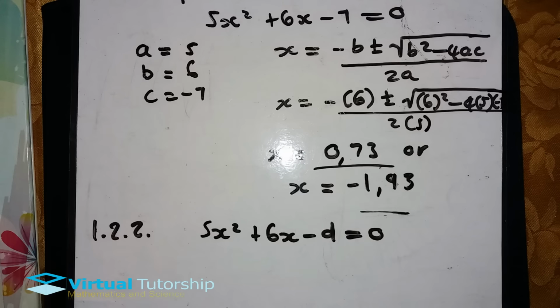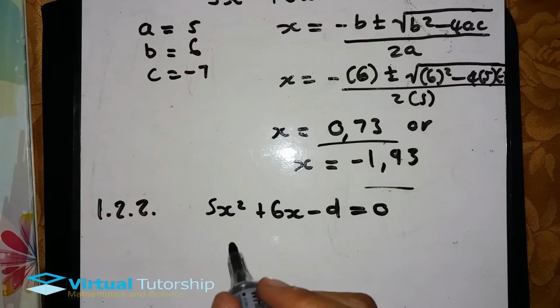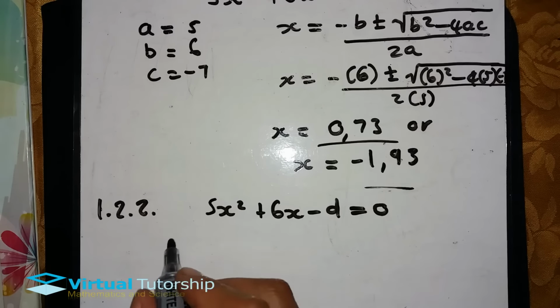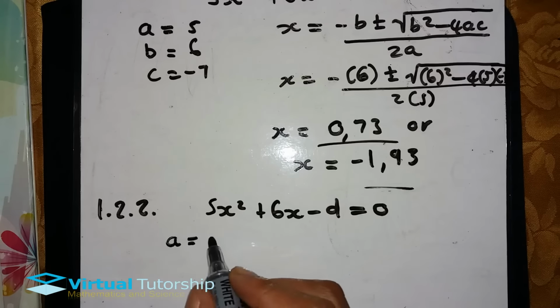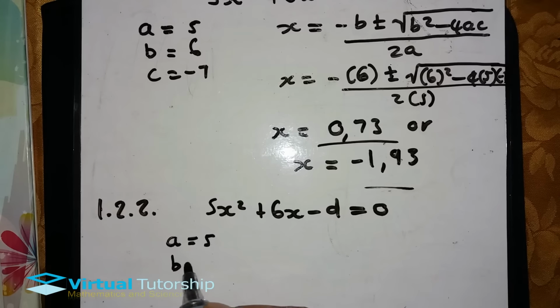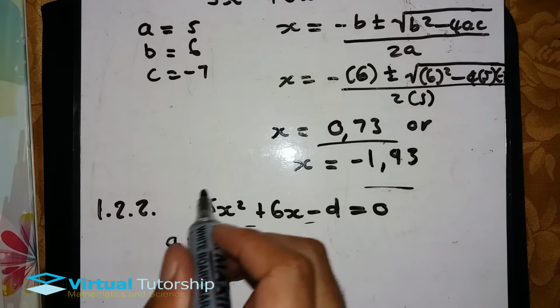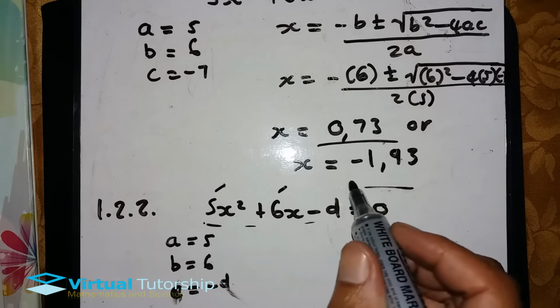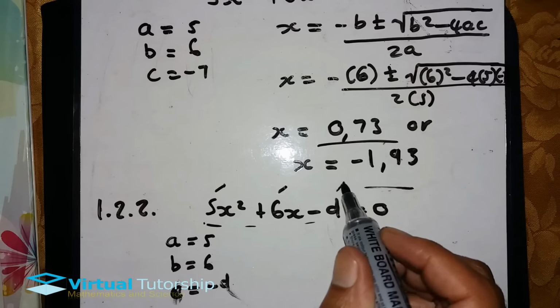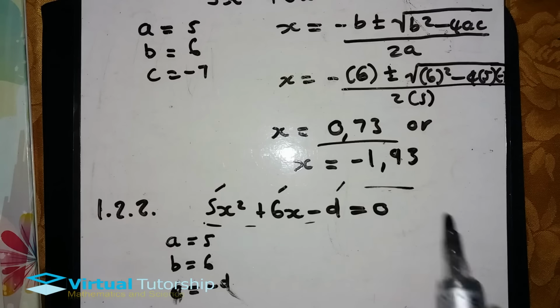This one, here we are talking about the nature of the roots, right? So the first thing you do, extract your a, your b, b is 6, and then my d, sorry, my c value is equal to negative d. This is good standard form. This is a, this is b, this is c.